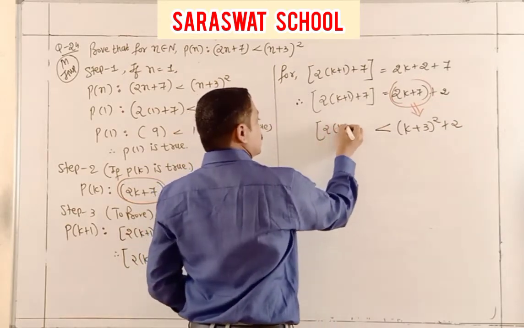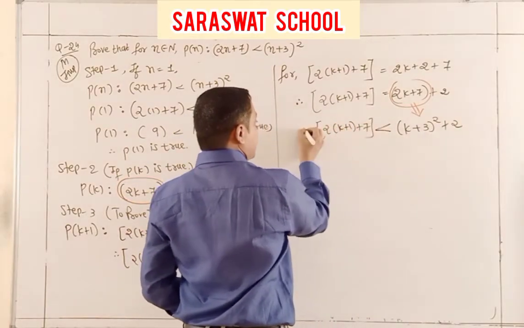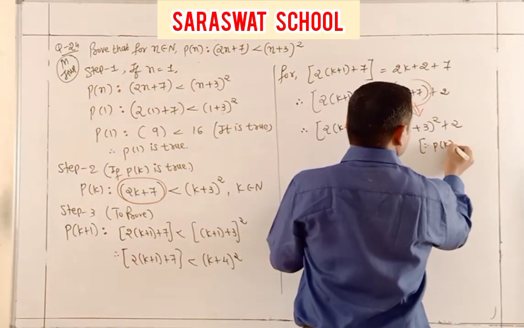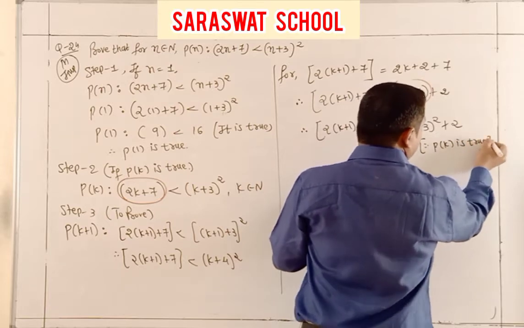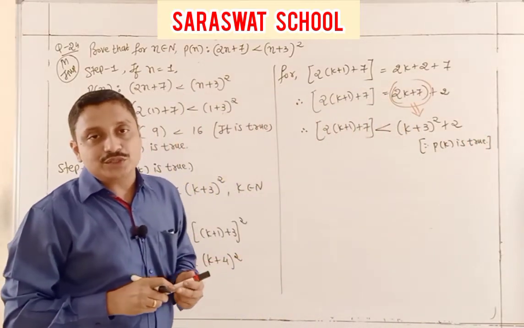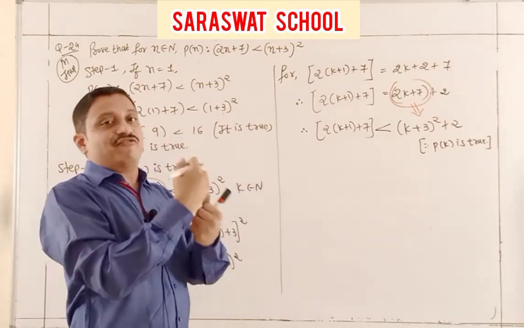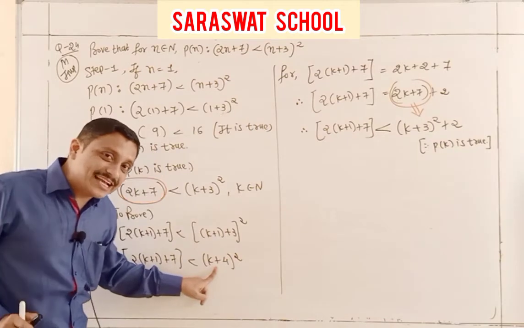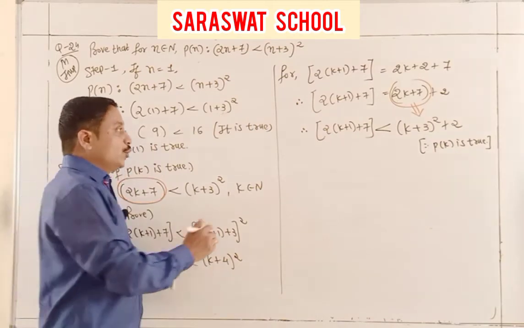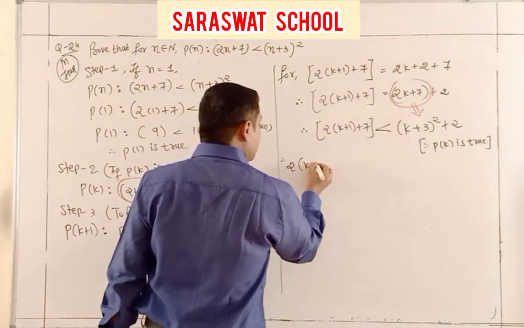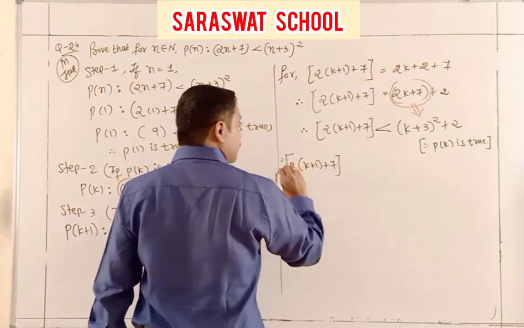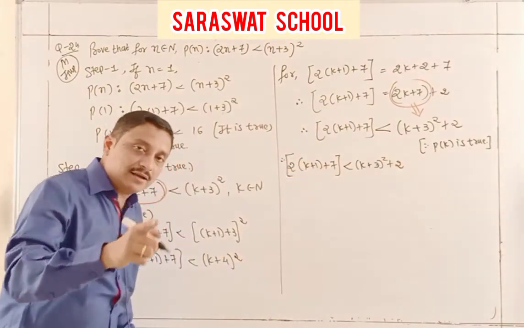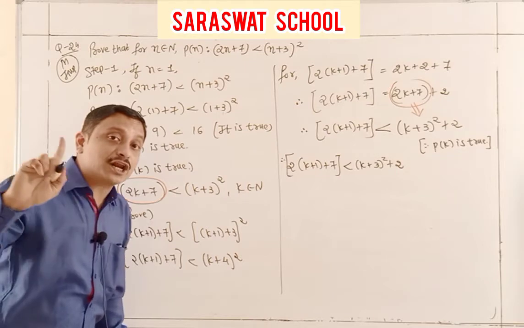So I write 2k plus 7 plus 2, and in place of 2k plus 7 I write the value that is greater, because P(k) is true, so it is less than (k plus 3) square plus 2. Check: is our target achieved? No, but I get that 2(k plus 1) plus 7 is less than (k plus 3) square plus 2, and listen here, this is a main turning point.